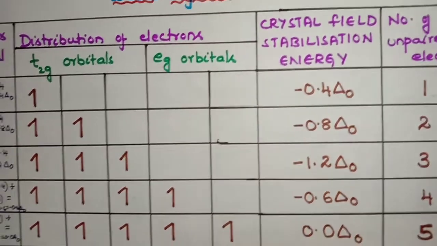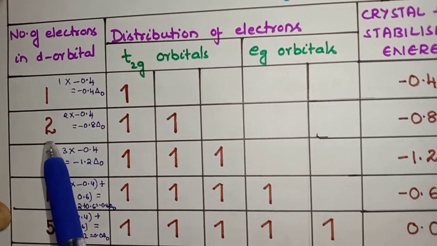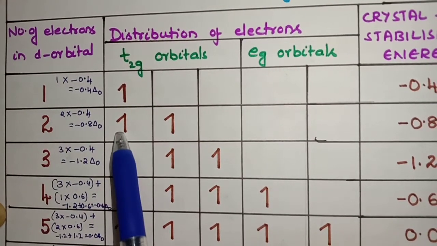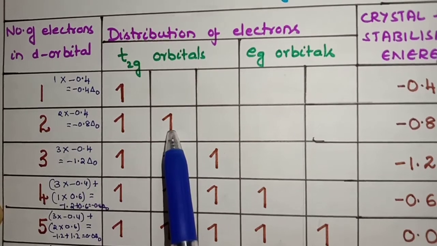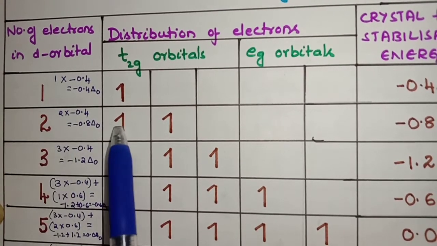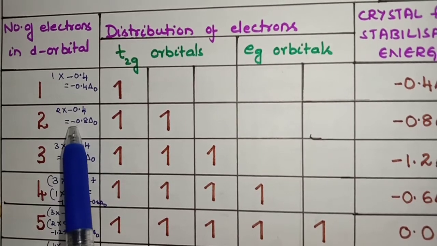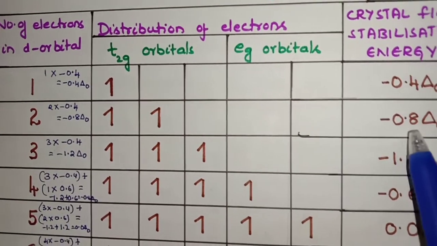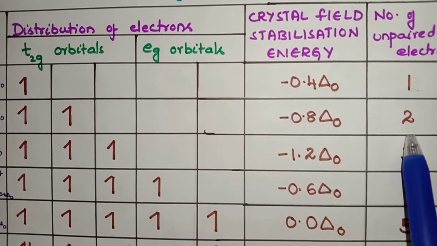Next, the second point: number of electrons in d orbital is 2. First electron and second electron. Calculation of CFSE: number of electrons in t2g, 2, into minus 0.4, equal to minus 0.8 delta O units. This is what I have written here. Next, number of unpaired electrons is 2.